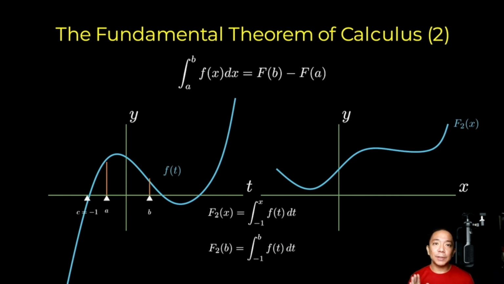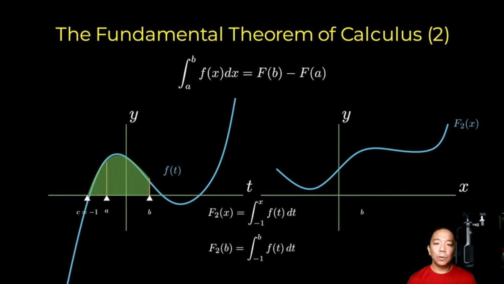So hindi na natin masyado titignan yung nasa right side. Ginamit lang natin siya to establish na function yung antiderivative or madaming function yung antiderivative. So nasan si definite integral from negative 1 to b, which is capital F sub 2 of b? This is the definite integral from negative 1 to b, itong region na shinade natin ngayon.